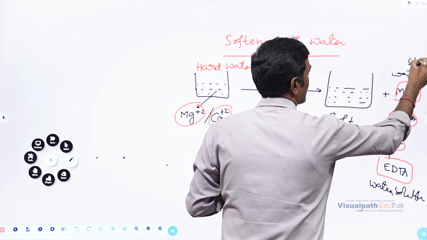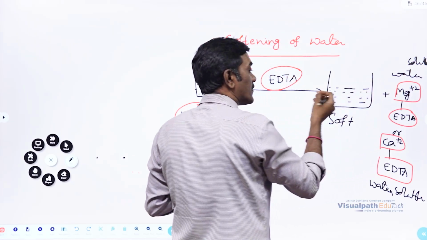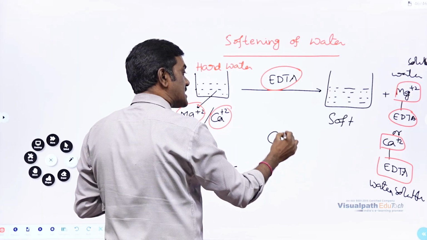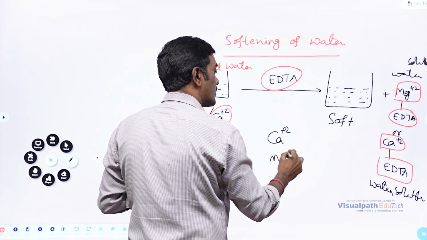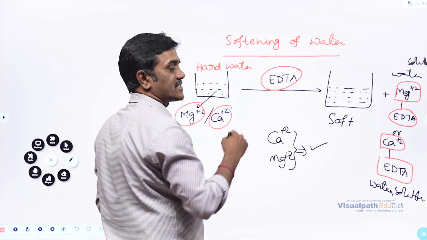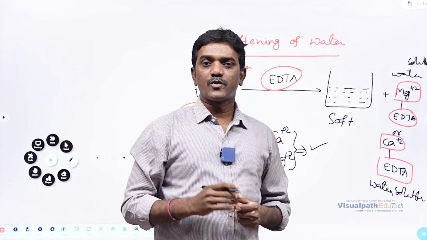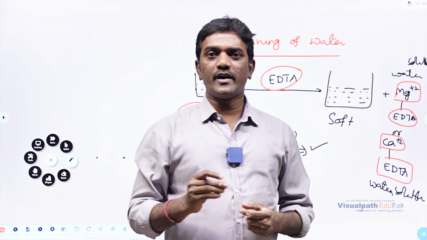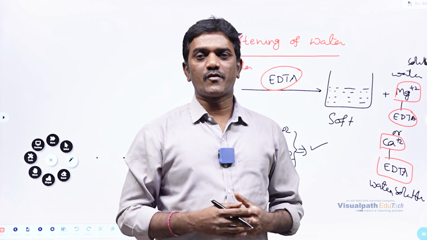So our water is free from the reactive calcium and magnesium, and that is why it is called softening of water. So we have finished the applications of coordination compounds with this softening of water concept.